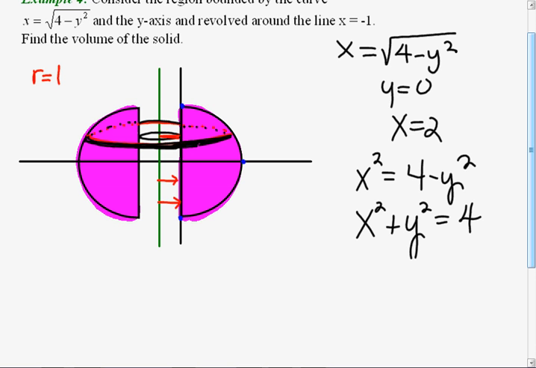Now we've got to get the big radius. Here's where you have to think and use geometry. This is always 1 because of the drawing. It's not always going to be that way, but it says x equals negative 1. When we do our rotation, we start from the axis of rotation and go to the actual function, not its image, not the rotated one, but the original one.